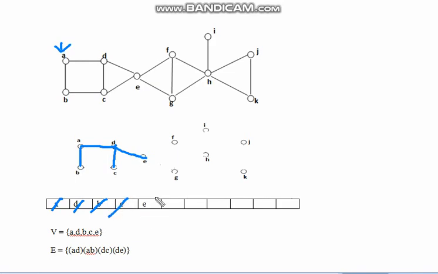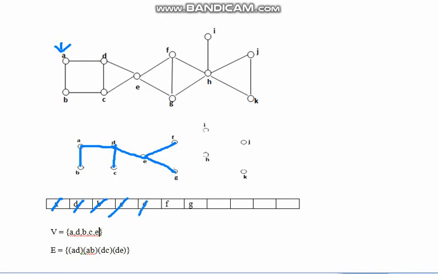Then E: from E the non-visited vertices are E to F, E to G, so I visit F, G as new vertices and insert them into the queue, hence E's task is over.